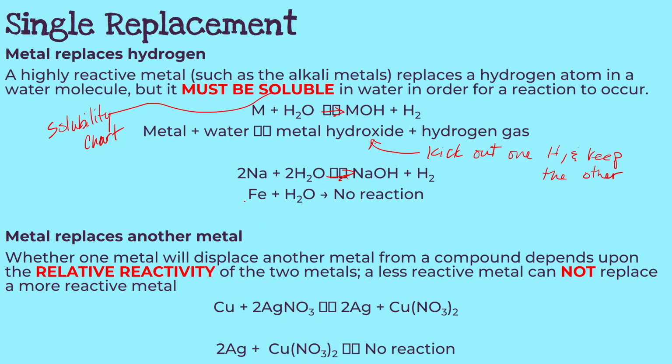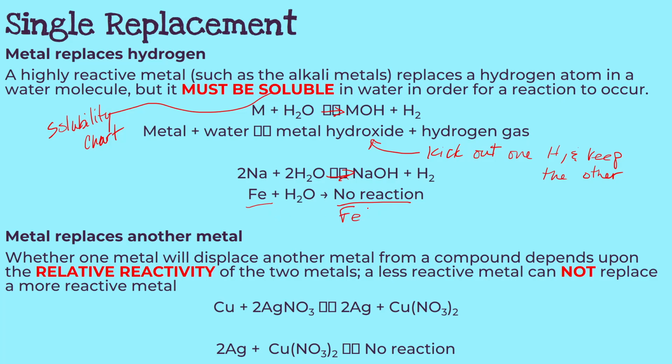This is important because we pick metals for construction and for jewelry that do not react with water, because we don't want them to completely dissolve or react, and our jewelry or the structural integrity of our buildings and bridges to be put at risk. So we actually want these to be no reaction.